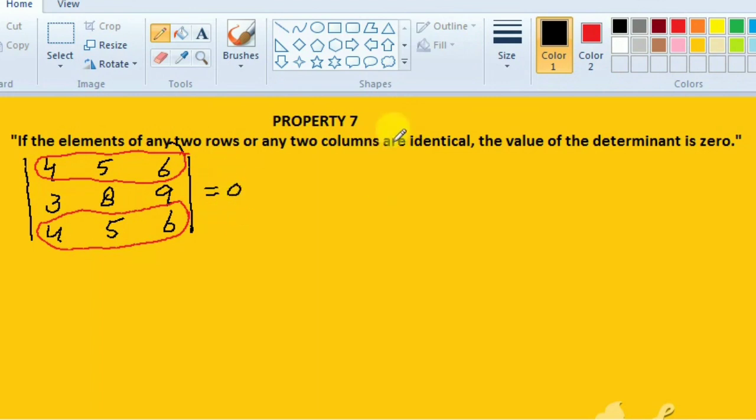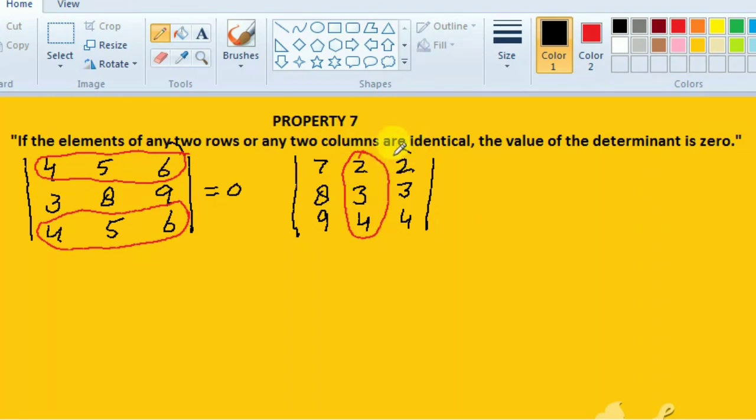So its value is 0 by the property 7. Similarly, if any two columns are identical, like 7, 8, 9, 2, 3, 4, 2, 3, 4. So here we observe that column 2 and column 3 are identical, so the value of the determinant is 0.